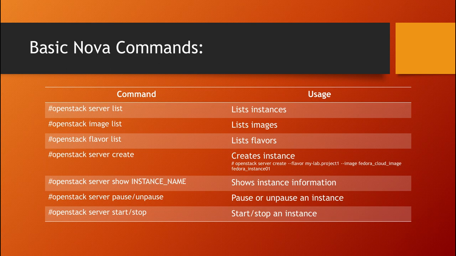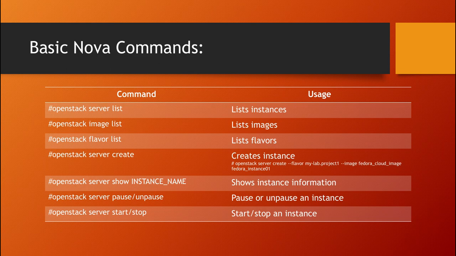Here is an example: openstack server create --flavor my-lab.project1, so you specify which flavor you want to use. Then --image, which image you want to use, like fedora_cloud_image, and then you give the instance name, like fedora_instance01. This will launch an instance from the command line.